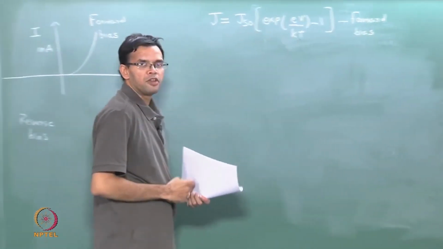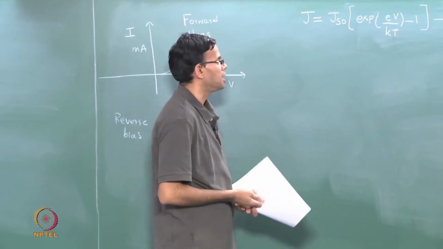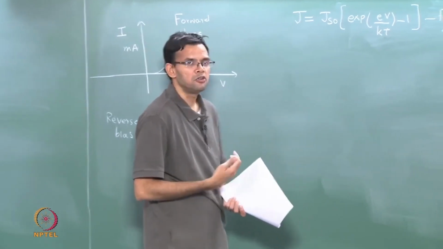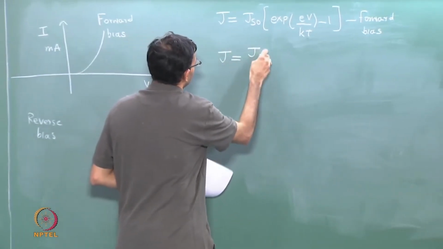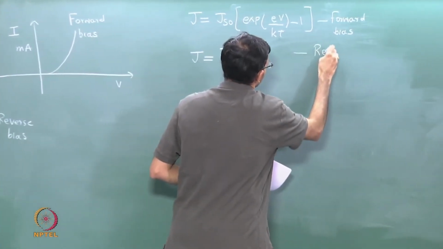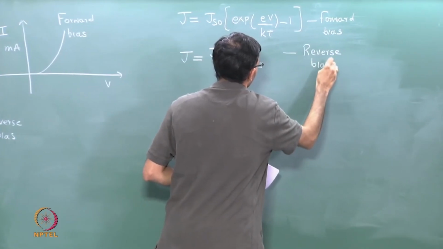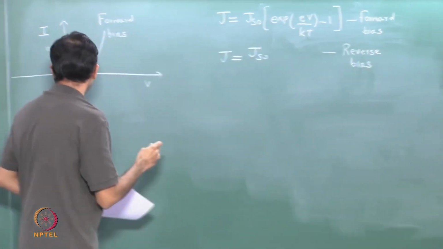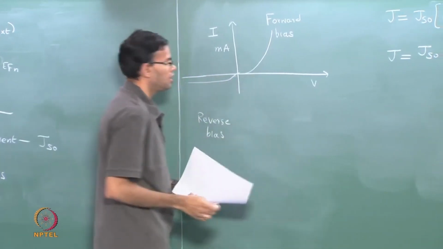In the case of a reverse bias, we found that we have a small reverse saturation current that is due to the diffusion of the minority carriers. So that J is just Js naught. This is in reverse bias. If you were to draw this, you would just draw a small reverse saturation current.